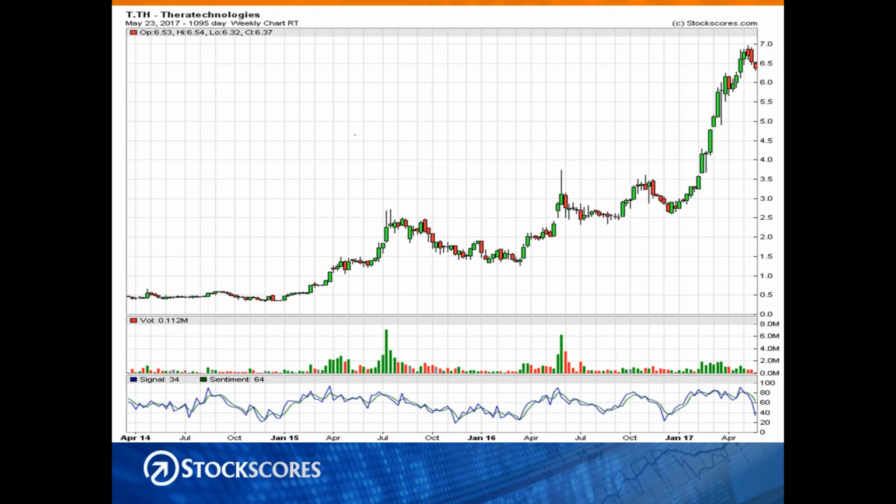But let's just look at an example of where those things came together. Here, that happened. Here we had a break of resistance with some abnormal action. Here we had a break of resistance with some abnormal action. Volume wasn't super strong there. Here we had a break through resistance.